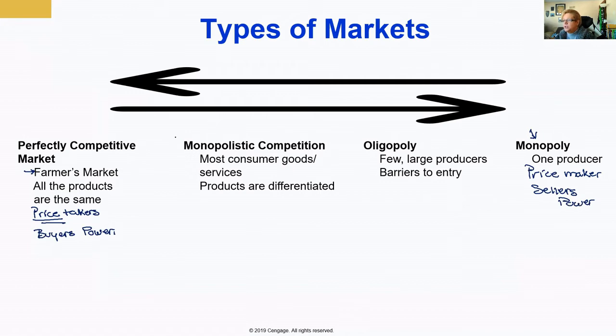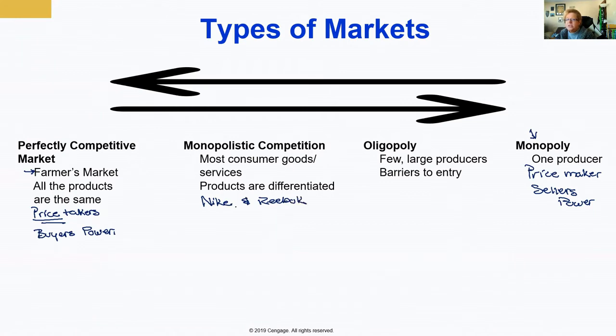In between the two, we have monopolistic competition. In monopolistic competition, the products are differentiated, meaning that consumers believe there's a difference in the products. So here we might put Nike and Reebok.